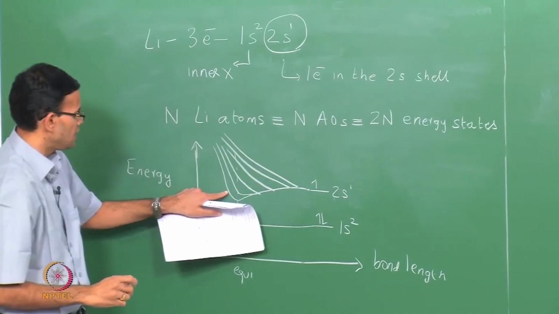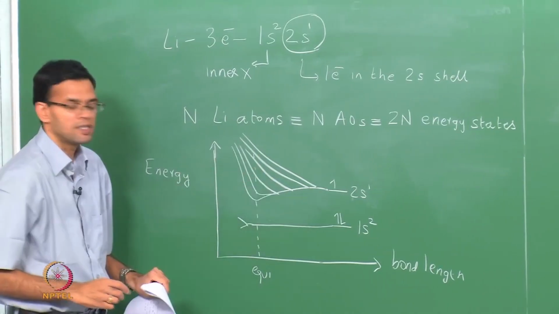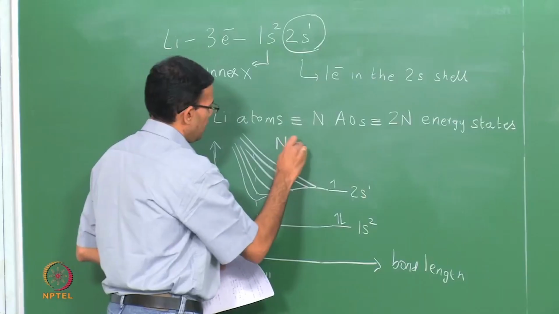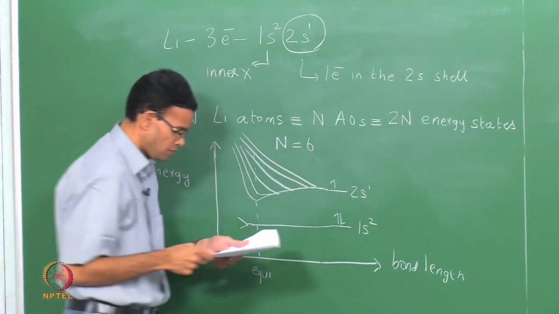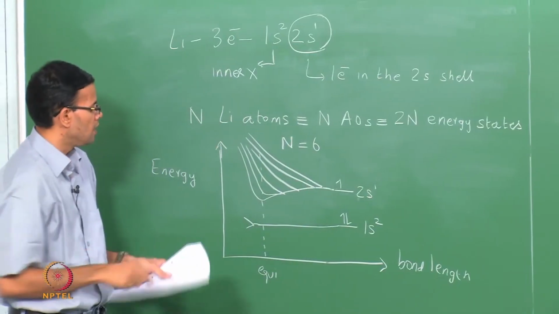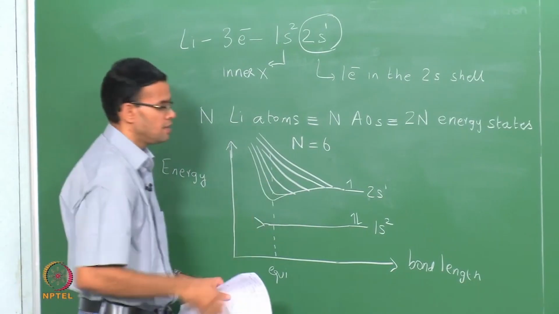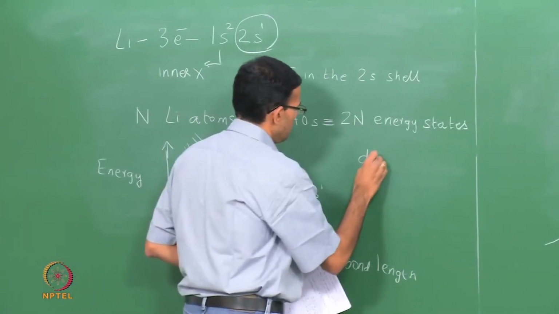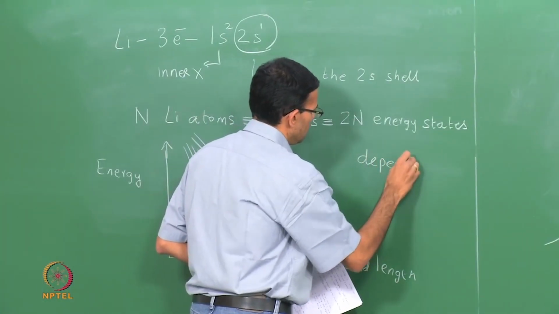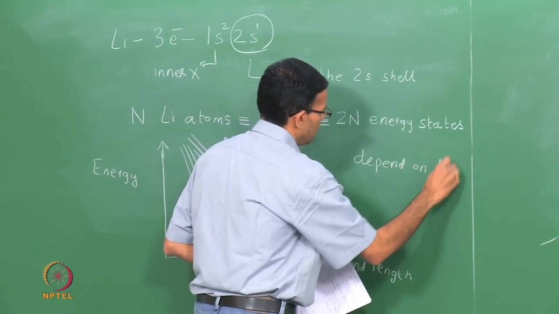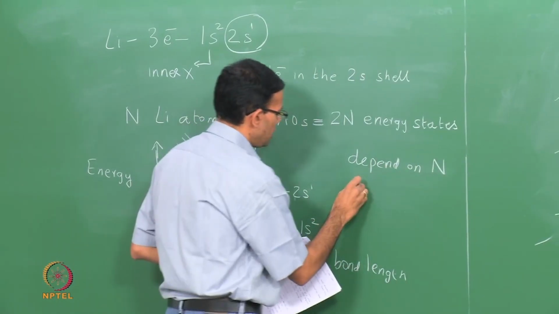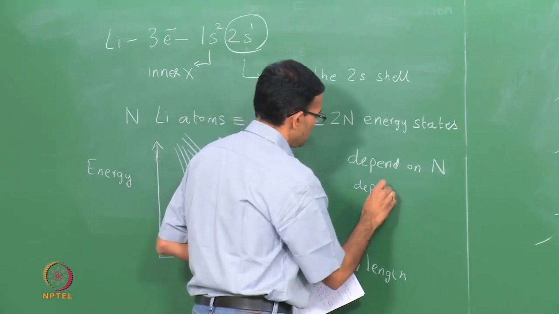In this particular case, I have drawn 1, 2, 3, 6 lines. So, in this particular case n is 6. The spacing between these lines depends upon n, and it also depends on the equilibrium distance.